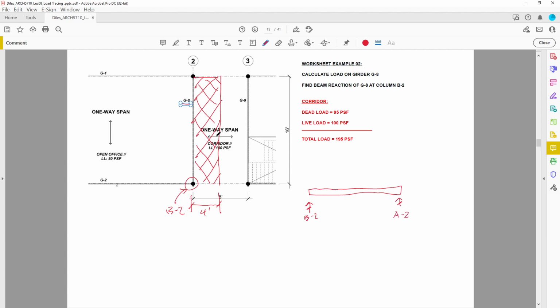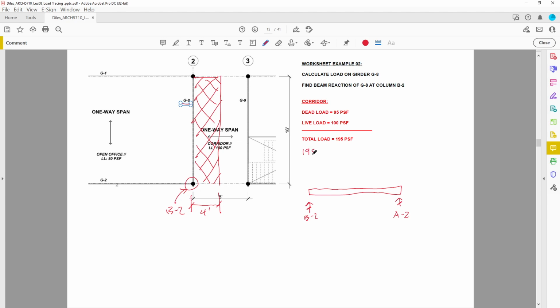So we're looking at it in that direction, B2 on the left, A2 on the right. And what is the total load for the corridor? It's 100 pounds per square foot plus our dead load, which applies everywhere, of 95 pounds per square foot for a total load of 195 pounds per square foot.